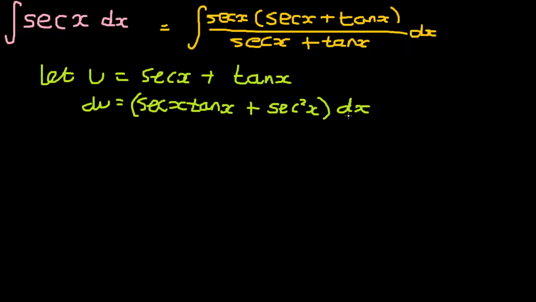And this is precisely what we have on top, because if we distribute this secant x here, we just get secant squared x plus secant x tan x.